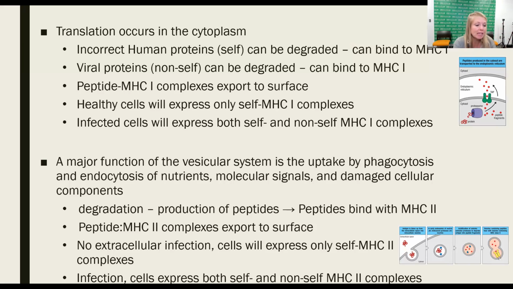It's promiscuous binding, and so we can have self-peptide pieces and non-self-peptide pieces being displayed at any given time on a cell with MHC class 1. The difference between a healthy cell and a virally infected cell is that a healthy cell really should only be displaying self-peptide. When a cell is infected, it's going to be displaying both self and non-self.